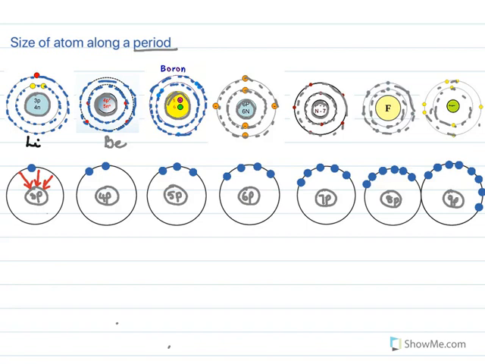Now in beryllium, the outermost orbit is pulled by 4 protons, because there are 4, the nuclear charge is 4. Then the outermost orbit is now pulled by 5 protons. Here the outermost orbit is pulled by 6 protons.